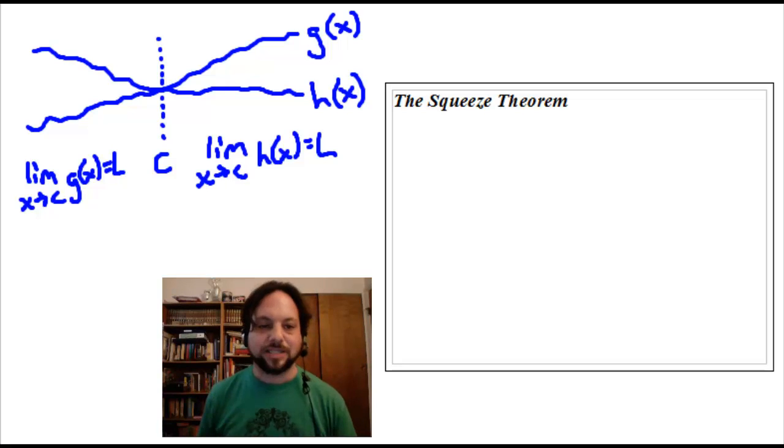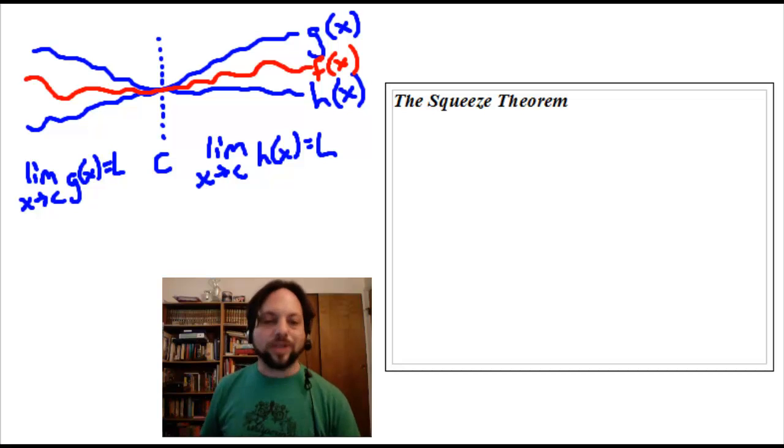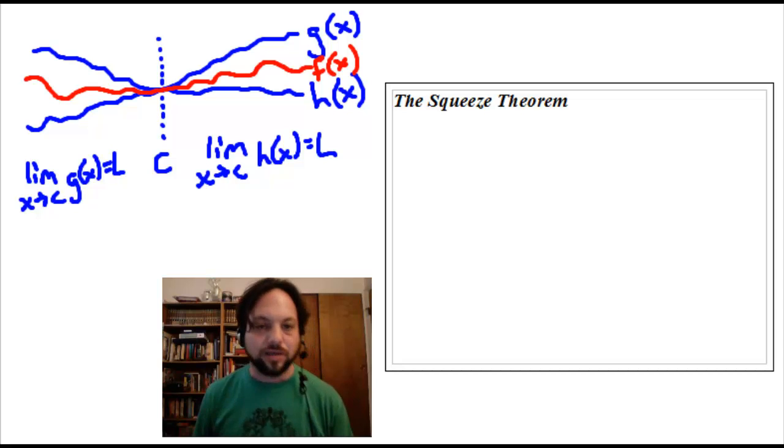This is the climax. We have a third function. And the third function, which I'm going to define as f, is always going to be less than g, but is always going to be greater than h on this open interval containing c. In other words, it's always going to be between g and h, as you can see here.